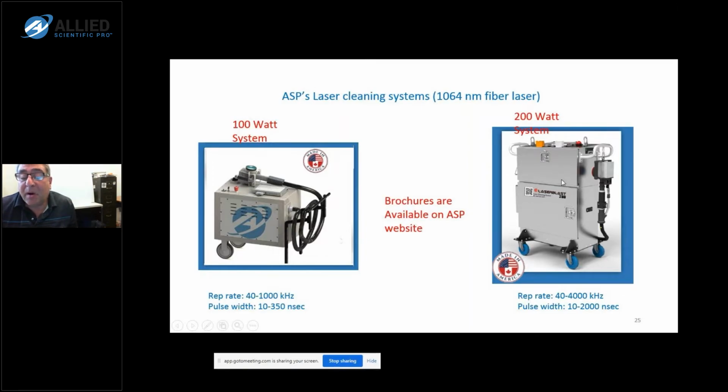It has some compartments where you can store accessories such as goggles and lenses and things like that, because you can remove the lens, and there are three different lenses of different focal lengths that you can replace for different working distances. So you can store that in the cabinets here, and this obviously has more power, 200 watts.